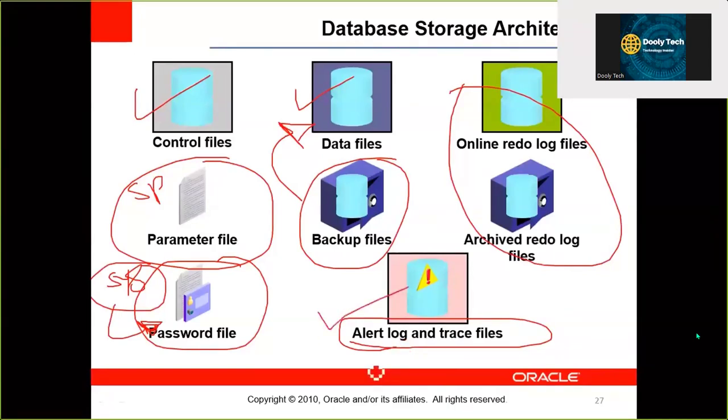If anything goes wrong, we can check the alert log, and that alert says the detailed information is available in the trace file. You get some information about the problem and then detailed problem analysis. These are the physical files involved in a database. So we know these are the files.